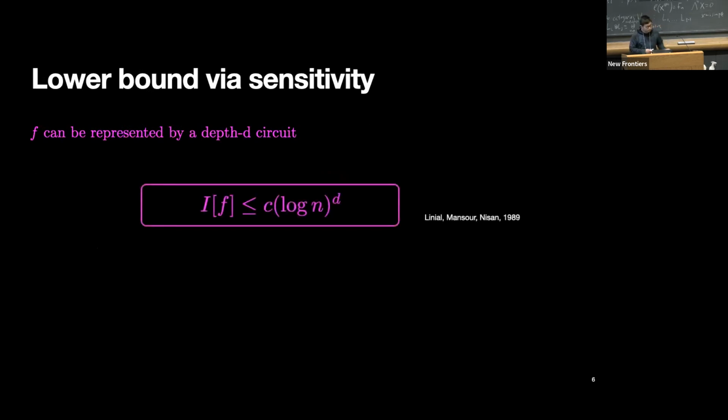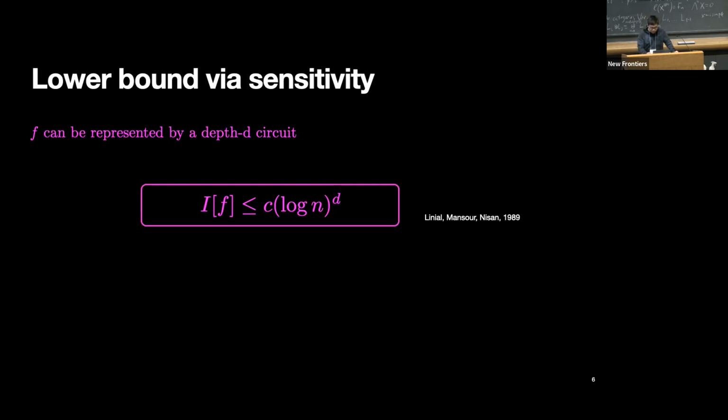If a Boolean function can be represented by a depth-d, polynomial-size circuit, then the total influence of the Boolean function f and the depth of the circuit satisfy this inequality, which means that the depth of the circuit is lower bounded by the sensitivity of the function. Okay, this is a very classical result for Boolean circuits.